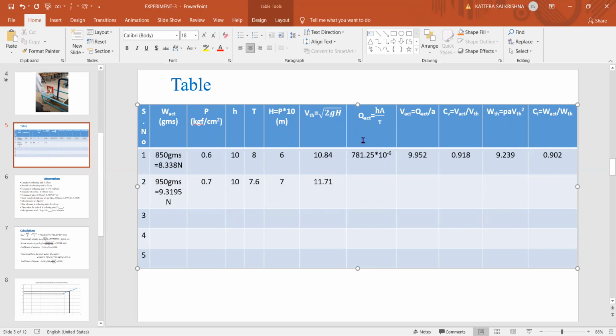You need to calculate the next Q actual, HA by T. Yes, Avinash, please reply. Doing, sir. Okay, do it. 822.368 into 10 power minus 6.